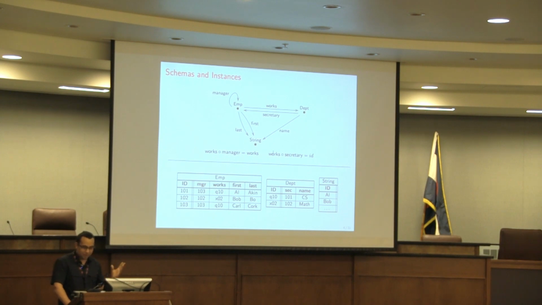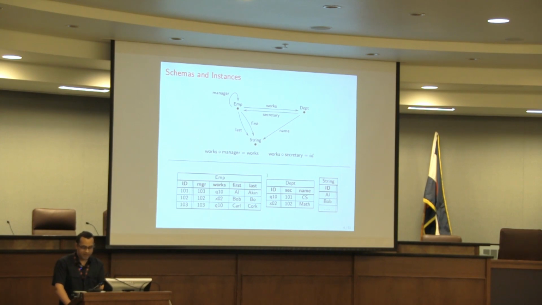But these equations are data integrity constraints, and let me tell you now what a database instance on this schema is. So that's an example instance, database instance, written here below the line, and for each node, you have a table, and the tables have columns. Each table has a column of IDs. We can think of these as the IDs of your employees.